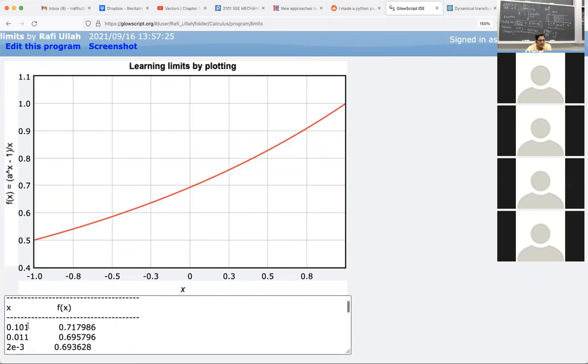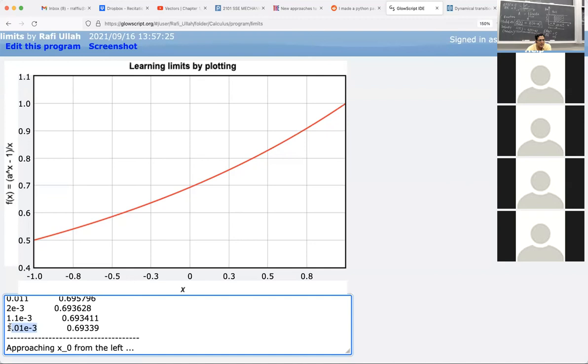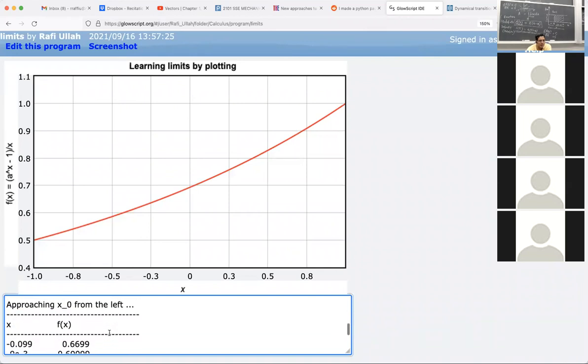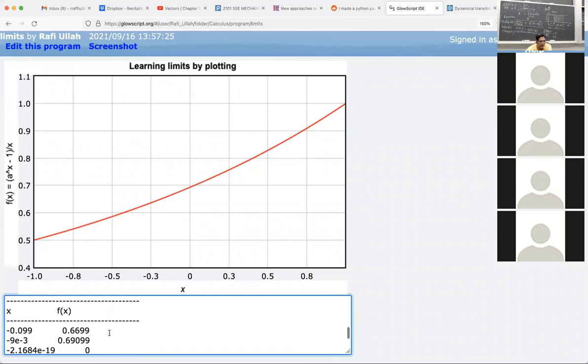So this is the initial value of x, and we keep making it smaller and smaller, until it is 1 by 1,000, so it's actually 1 into 10 to the power minus 3, and we get this number. That's the value of the function as x becomes very, very small. This number 69339. Now we approach the same function from the other side, from the left side.